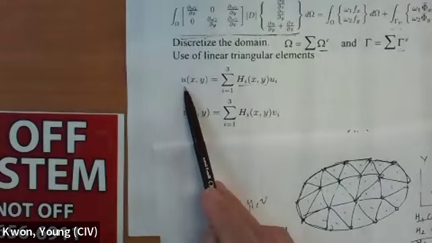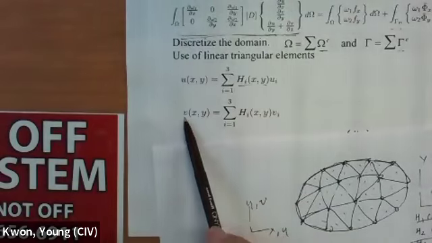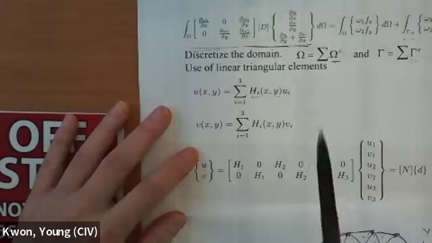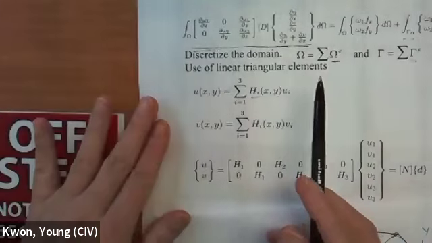In 3D, you are going to have a W, which is displacement along the Z direction. But let's focus on 2D.